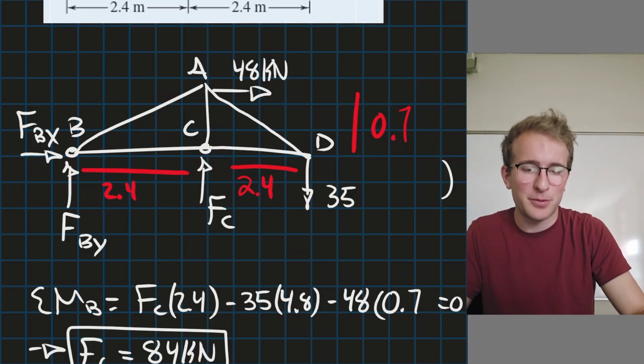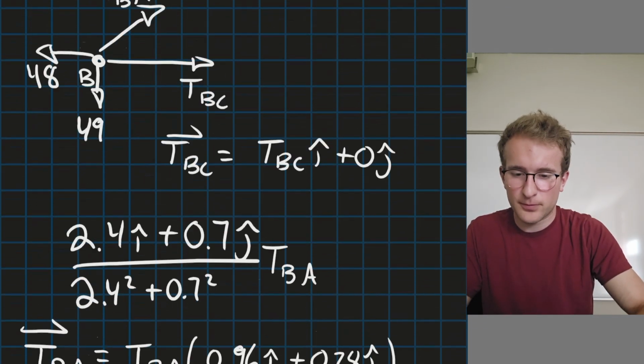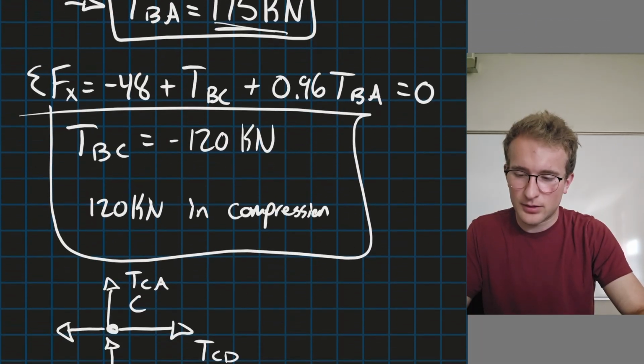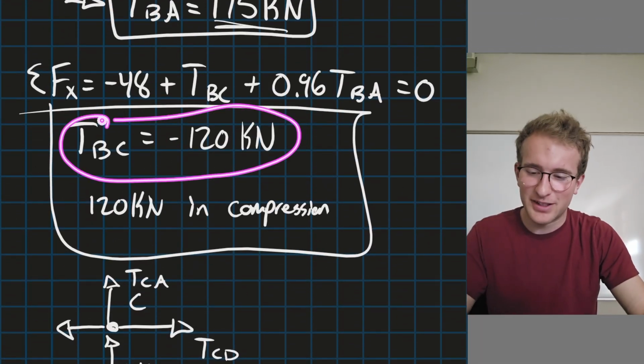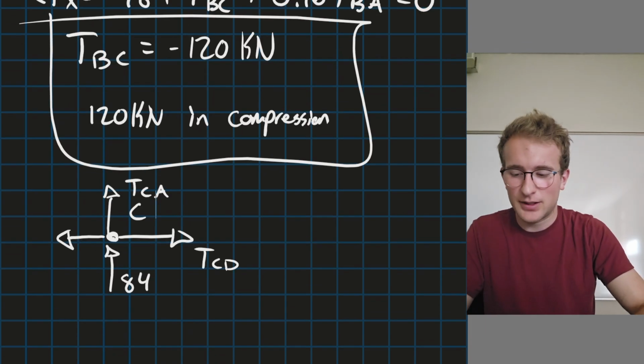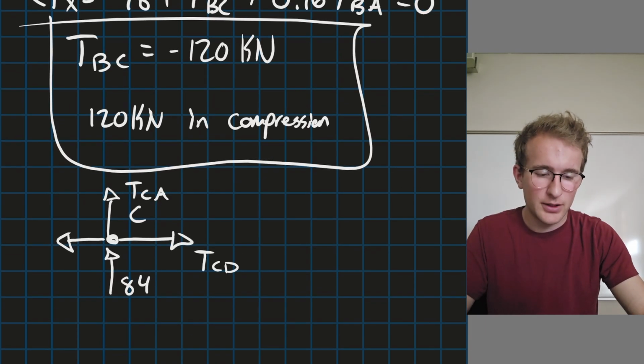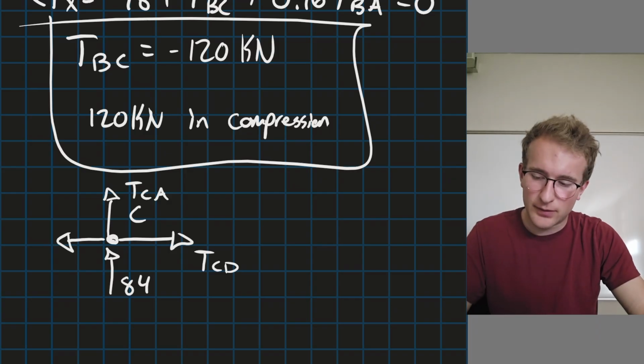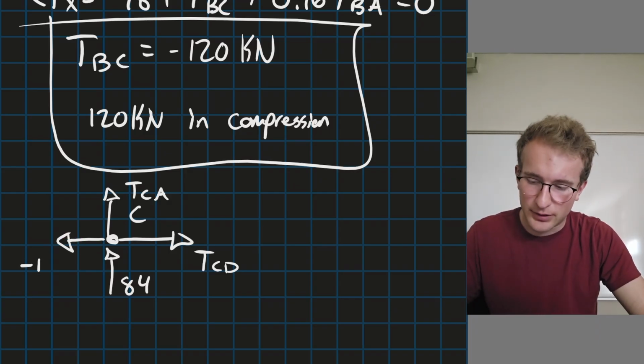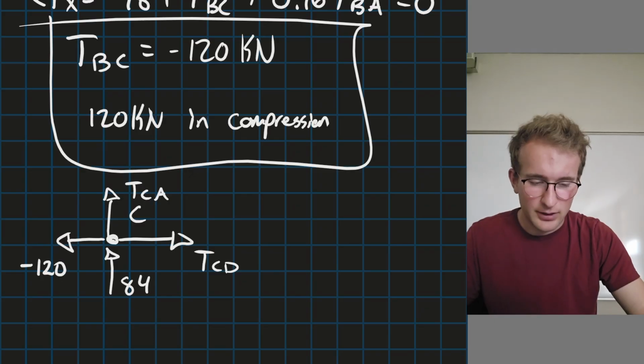What is the tension in member BC? Well, we previously found it to be negative 120. So I draw it as if it's in tension, and I label it. So this is negative 120.